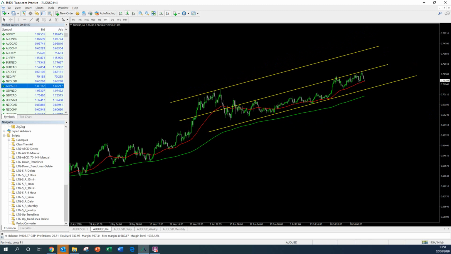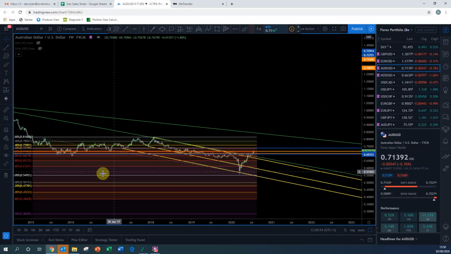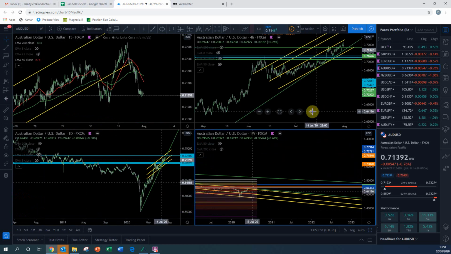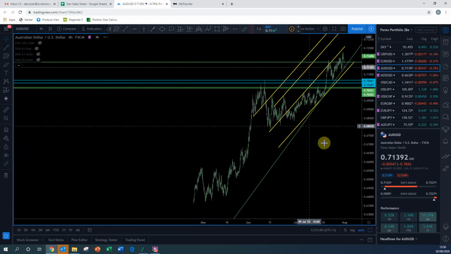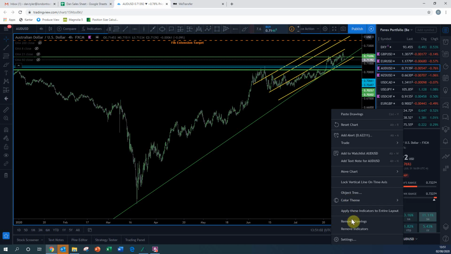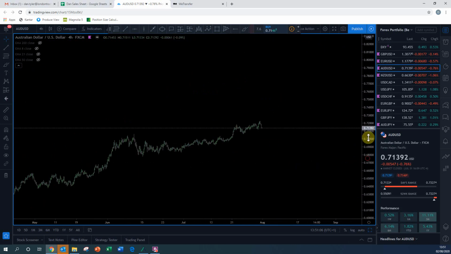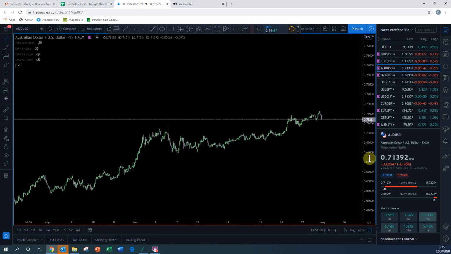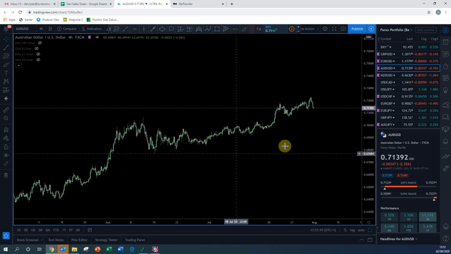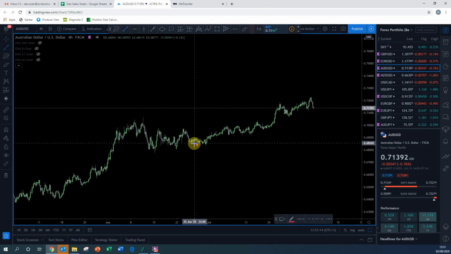Let me take some time to quickly have a look at this and just see what's going on in TradingView instead. This is why I quite like TradingView actually, simply because sometimes it's relatively easier to see what's going on in the market.